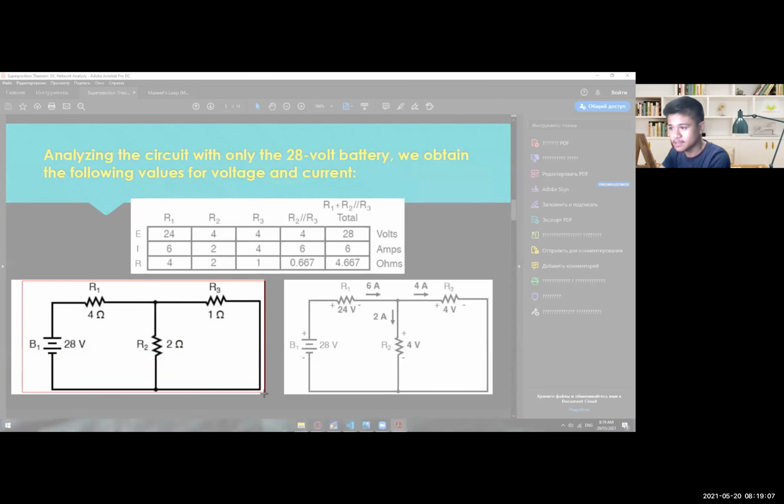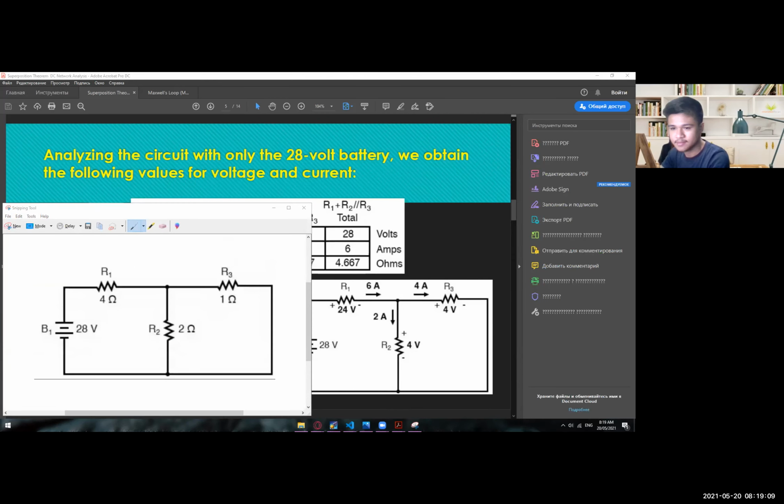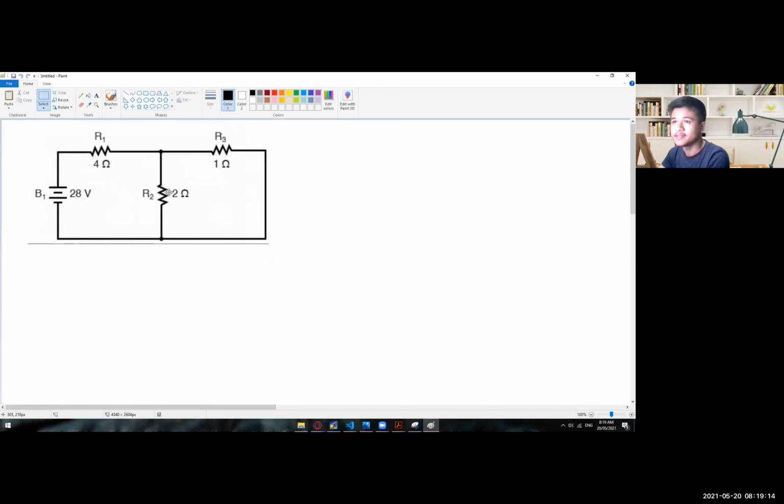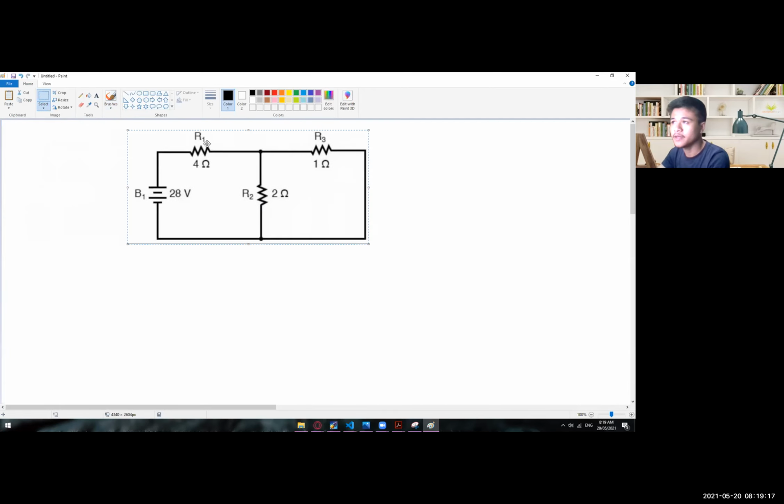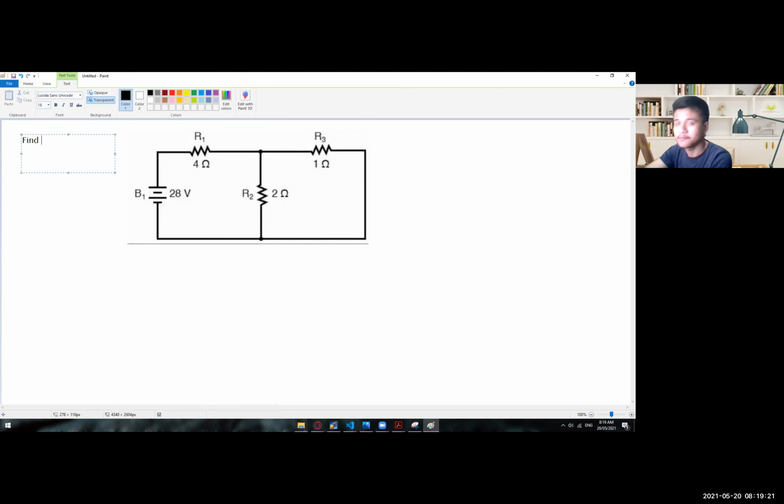The ones we are looking for are I1, I2, I3, the individual currents, and we also need the voltage drops of those resistors: VR1, VR2, and VR3. So we need to solve those six.